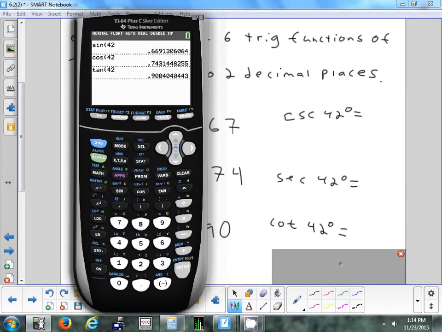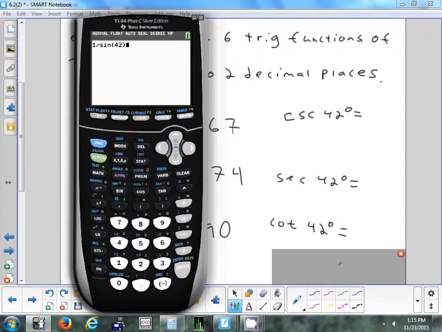So how would I get cosecant 42 on here? Take what you have and just flip it. Instead of finding the cosecant of 42, we're going to do 1 divided by the sine of 42.